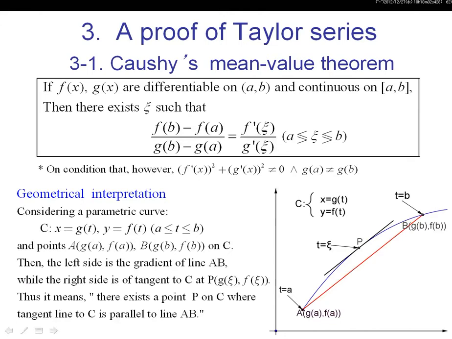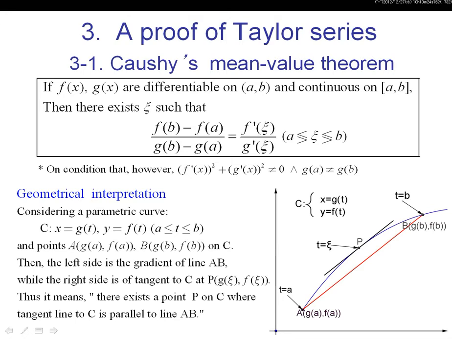Chapter 3, a proof of Taylor series. This chapter is a kind of appendix, but it has a lot to do with what we have seen so far. We use Cauchy's mean value theorem. This mean value theorem is an expansion of the normal mean value theorem.